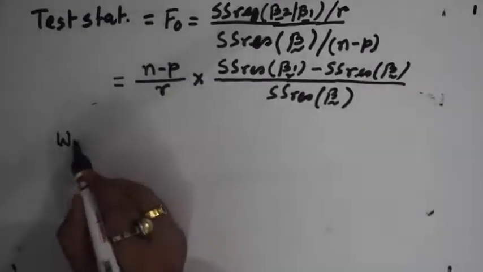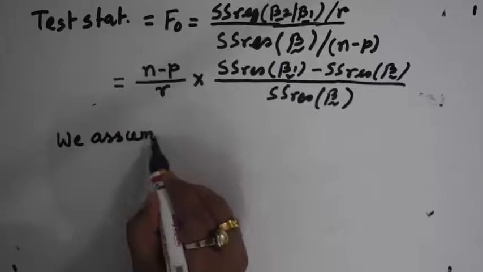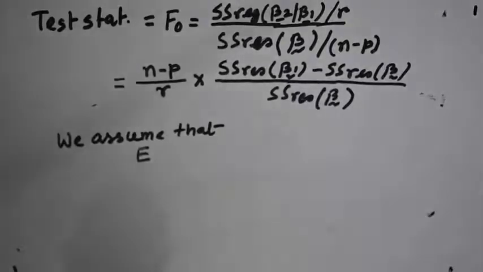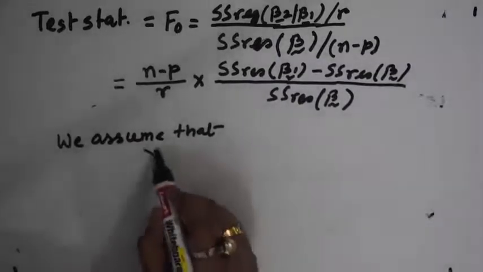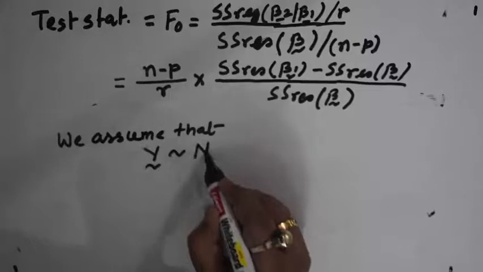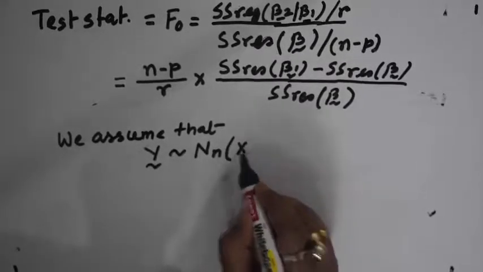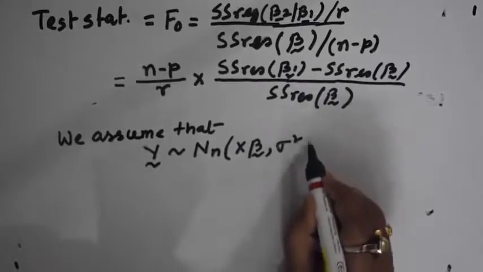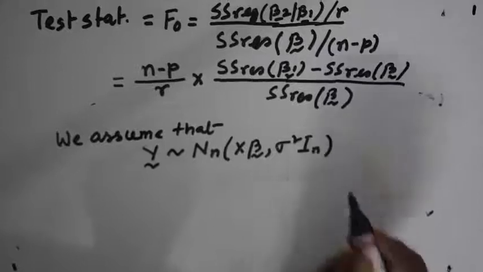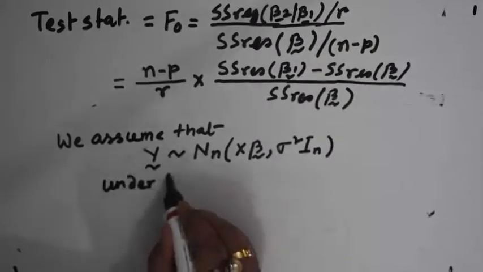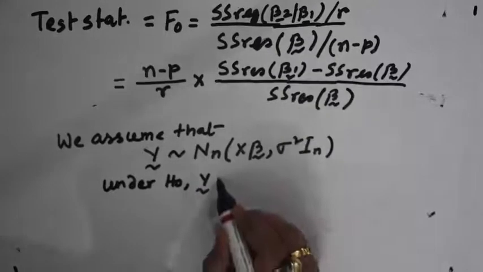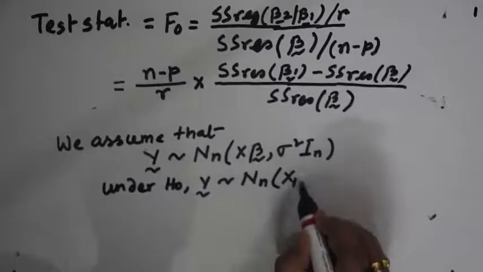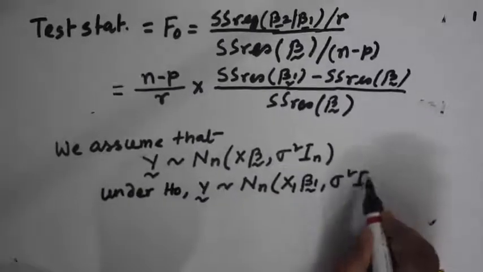We assume that y curl follows multivariate normal with mean vector X beta curl and dispersion matrix sigma square In, and under H naught y curl follows multivariate normal with mean vector X1 beta 1 curl and dispersion matrix sigma square In.